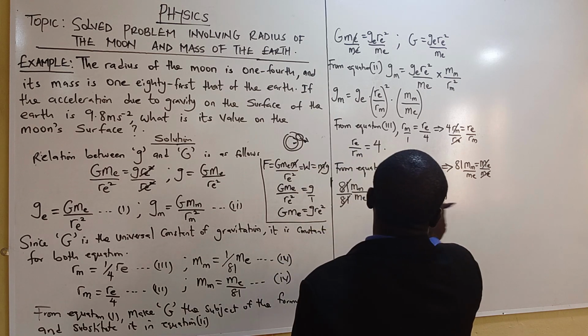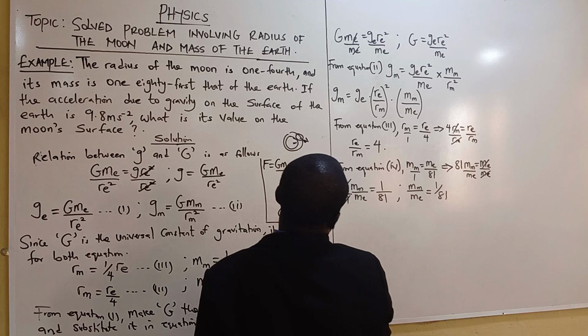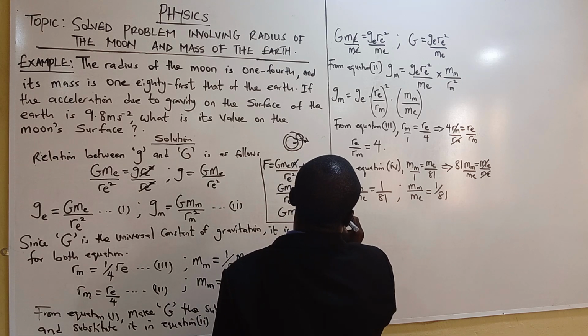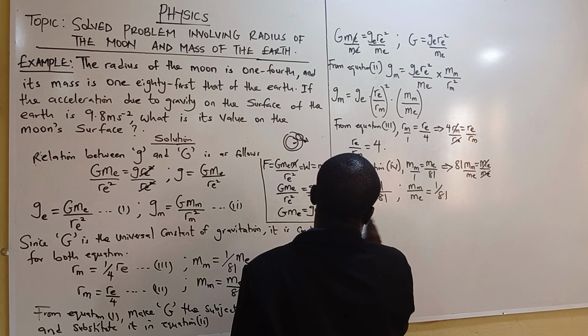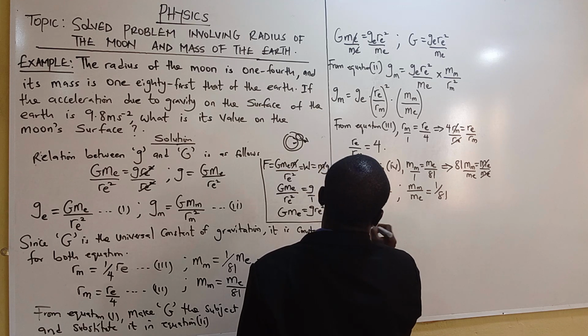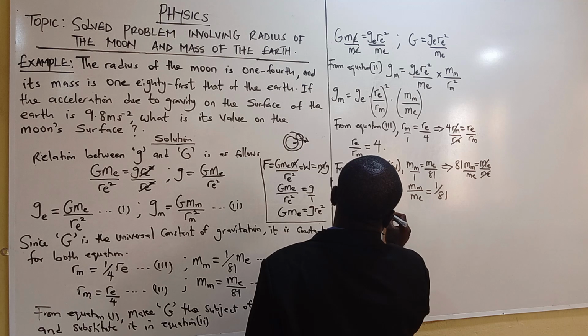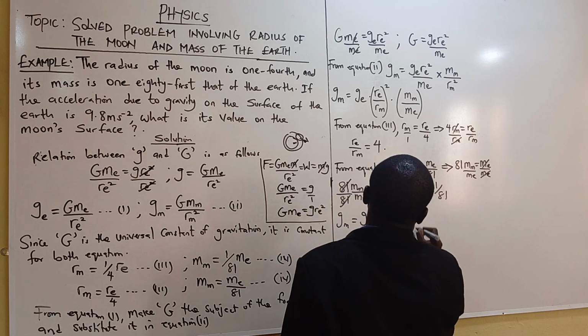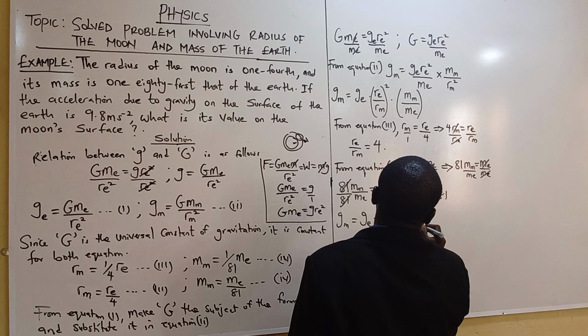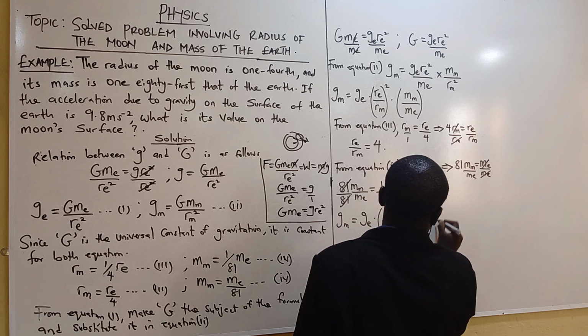Okay, now we can substitute into that. You now go back and say that g m equals g e, times R e over R m squared, multiplied by m over M e.